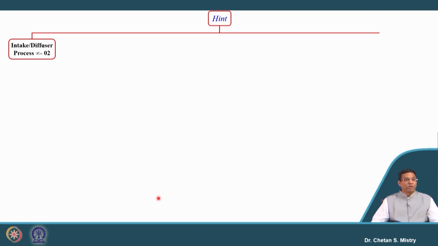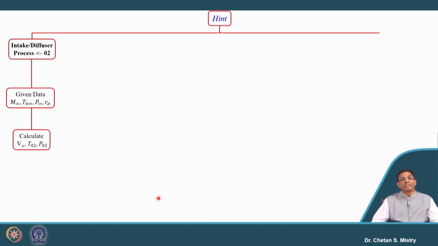Very first component is the intake or the diffuser. For that, we have information about the temperature and pressure recovery factor. M infinity, that is my flight Mach number, is also given. So, that will help us calculate the exit pressure and exit temperature from the intake.